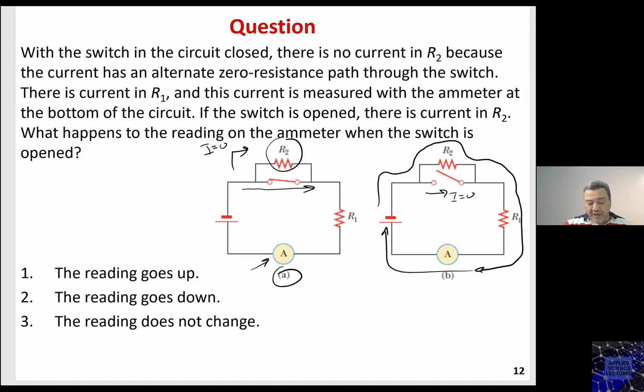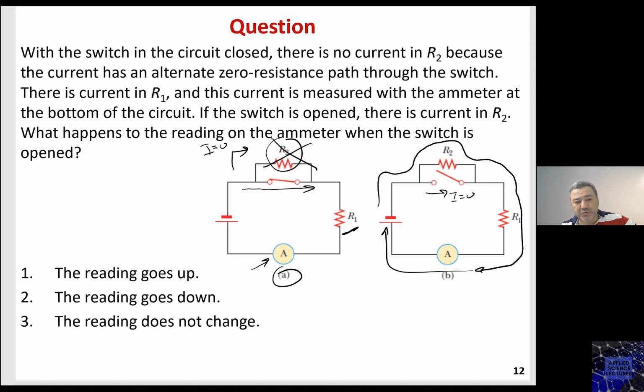When we had this switch closed, I had this resistor completely outside the circuit. It's shortened out. The total resistance is defined only by R1. And this current has been read by the ammeter. Now let's look at what's going to happen to my current.